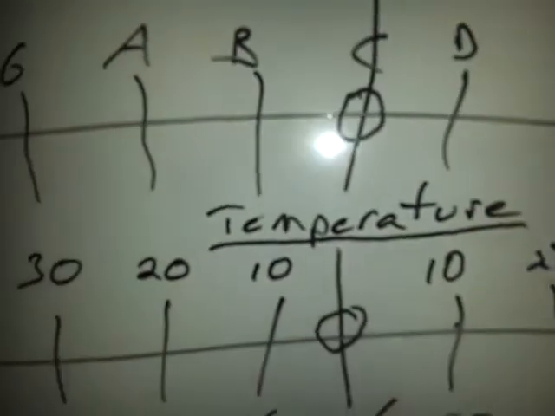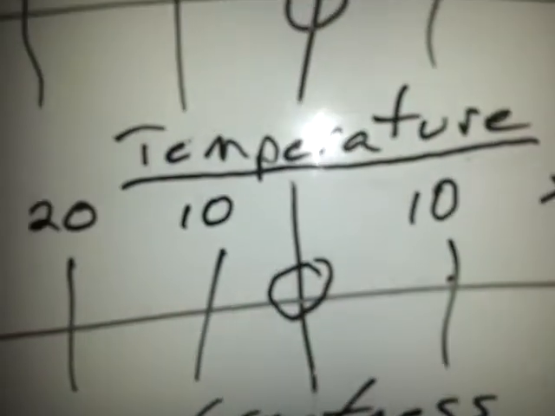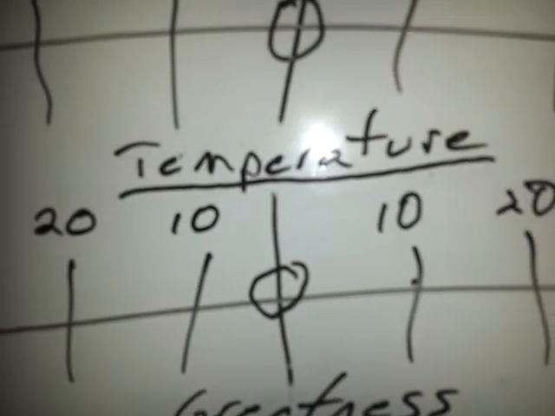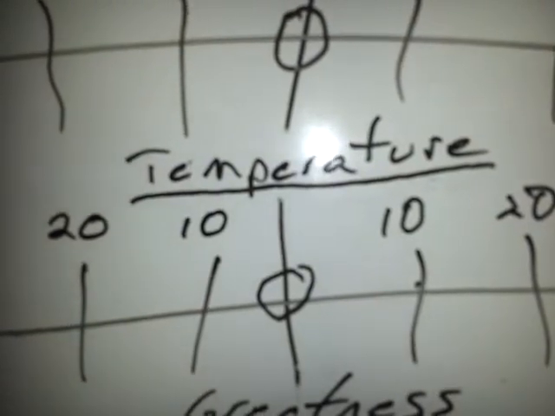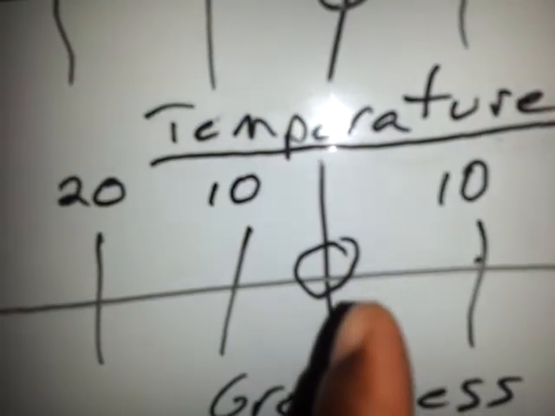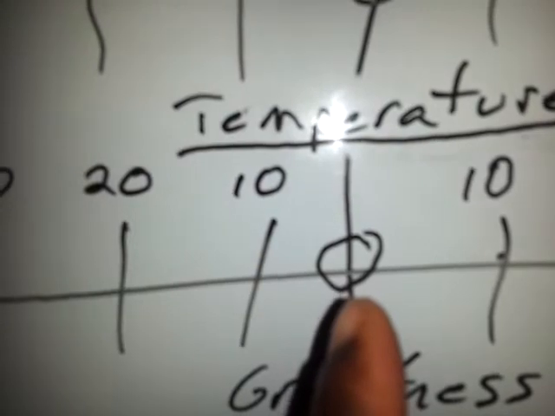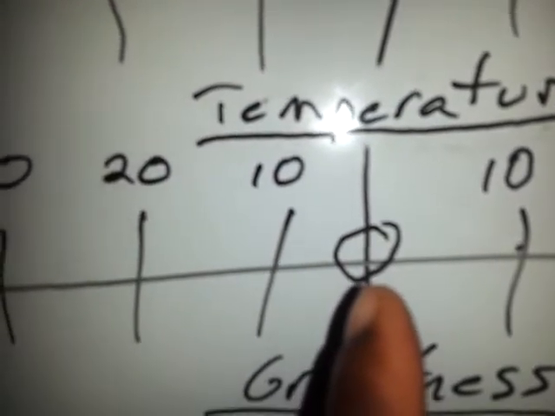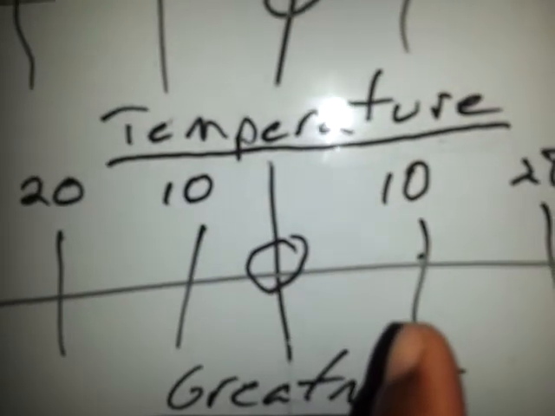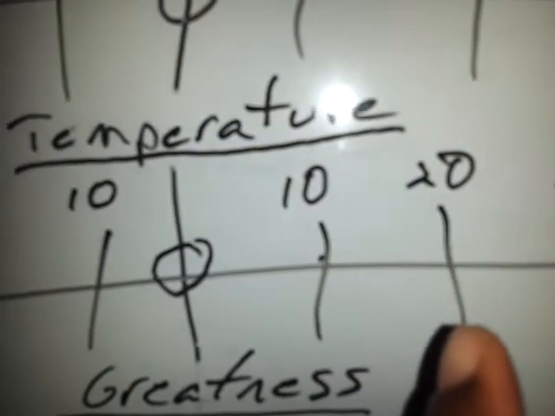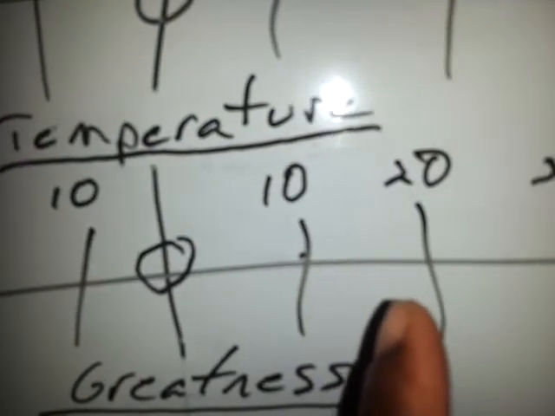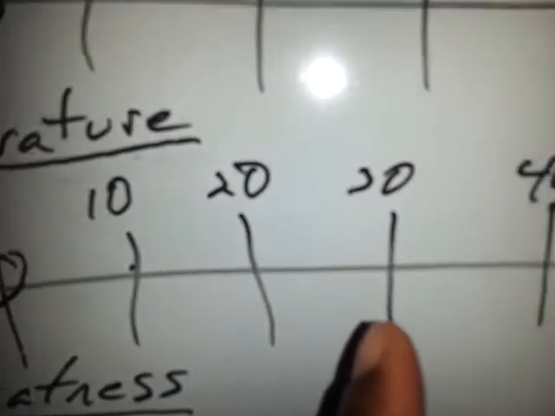Let's come down. The next scale we're going to talk about is the temperature scale. Alright? So right here in the middle, we're going to call that 0 degrees. If you go to the right, you got 10 degrees above 0, 20 degrees above 0, 30 degrees above 0, 40 degrees, 50 degrees above 0.